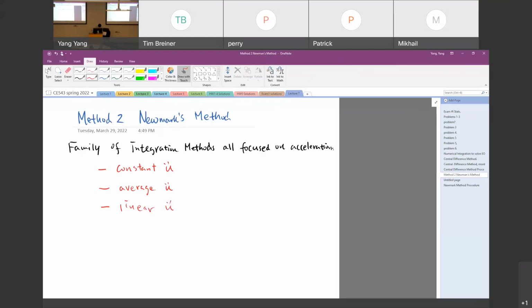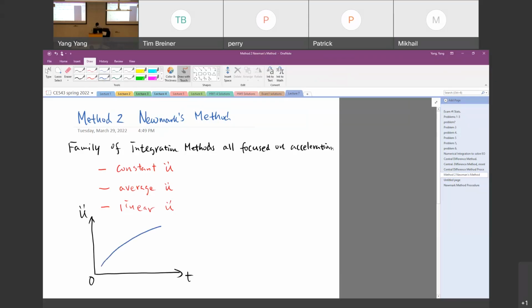As you can see, the acceleration response of any structure is a function of time.